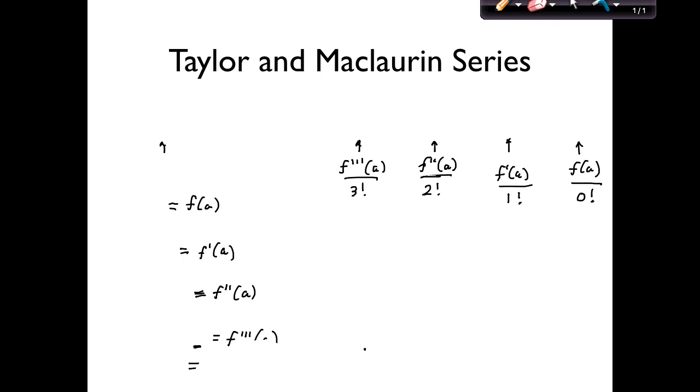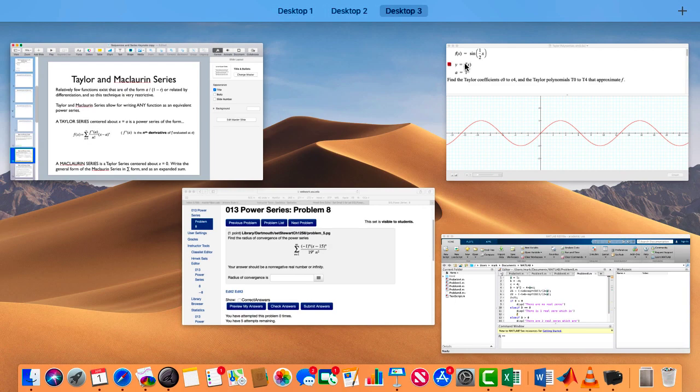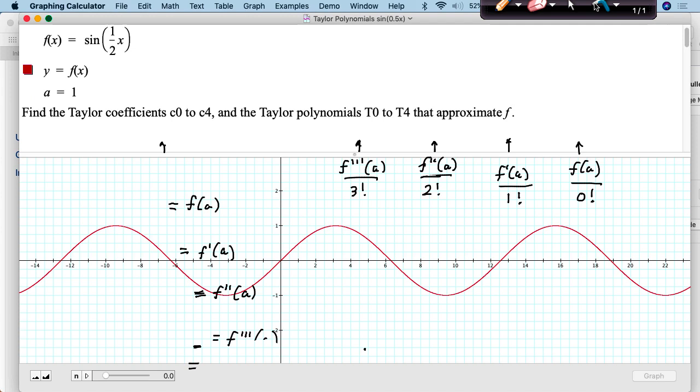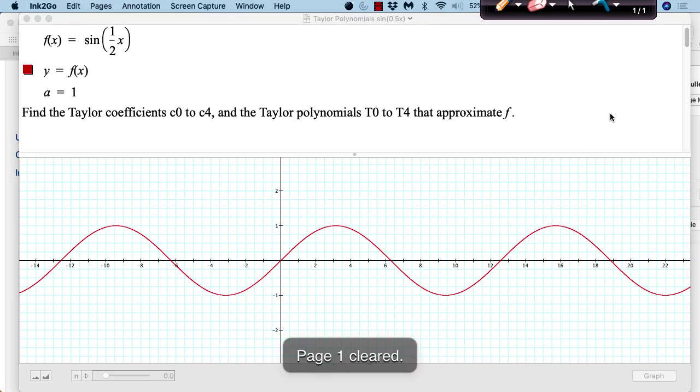So let's look at an example and some graphs. So here is sine of 1/2 of x. Based on what we just talked about, I want you to find those coefficients, C0 through C4, so C0, C1, C2, C3, C4.